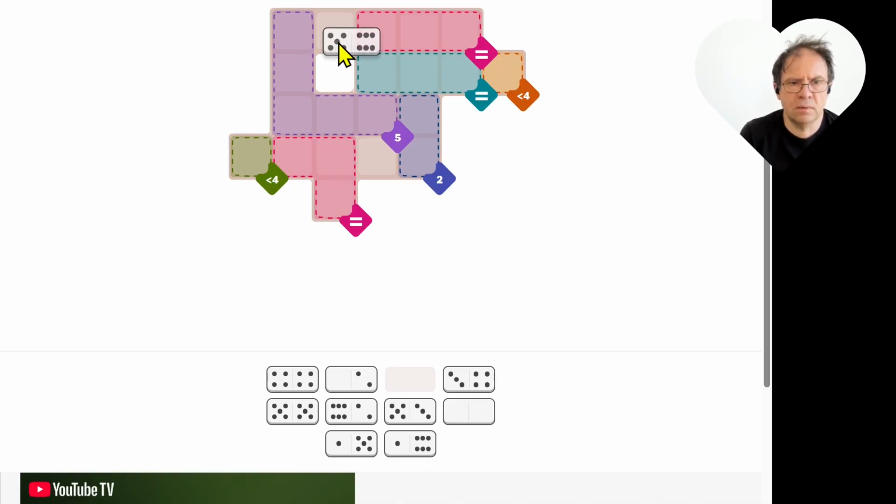Oh, so this needs to be a double because if that tile were placed this way, you would have to put a tile here. And if it were placed this way, oh no, you wouldn't. Yeah, you would, because this has to go up. Because this has to go here, and this has to go up. So you need a double here. And the only double you have left is the zeros. So the 5s are zeros.